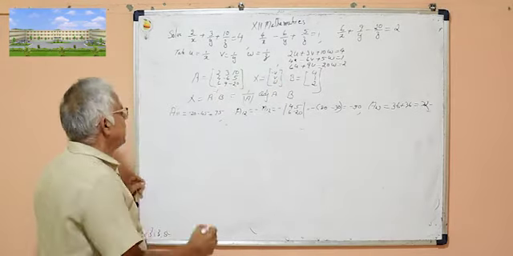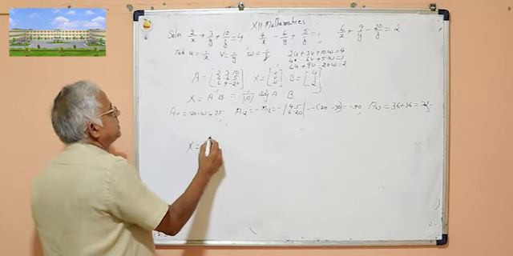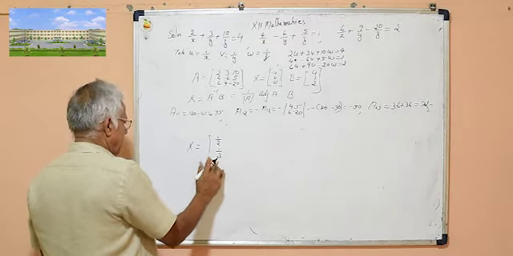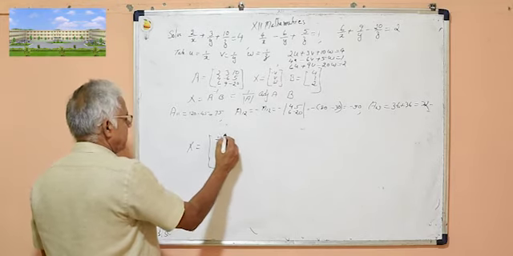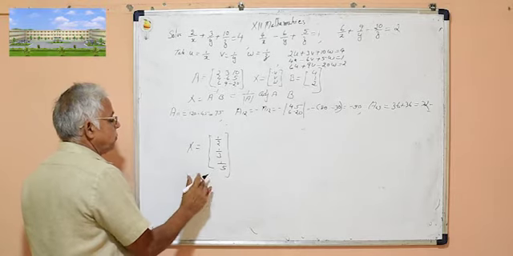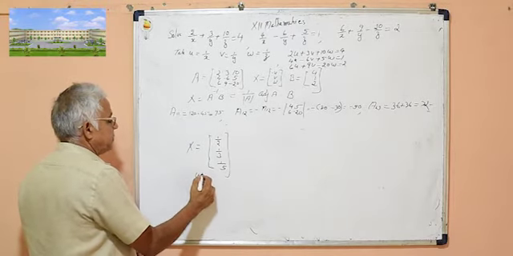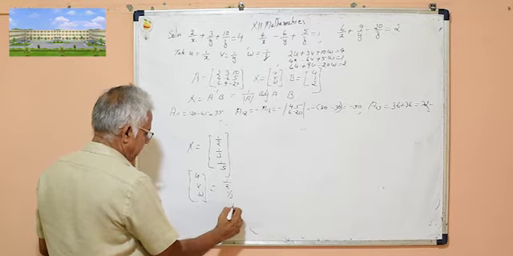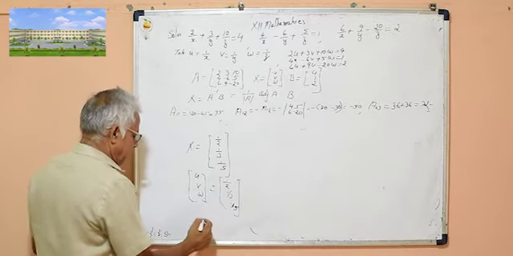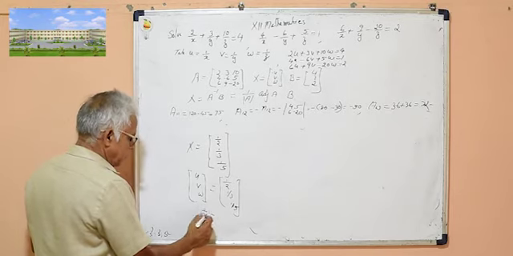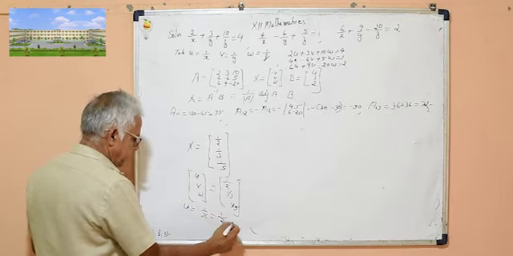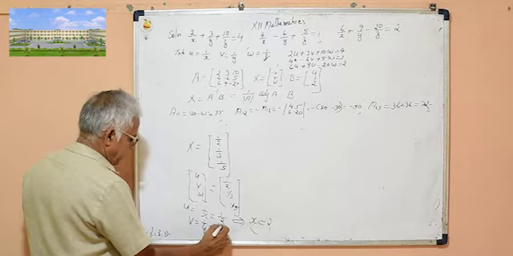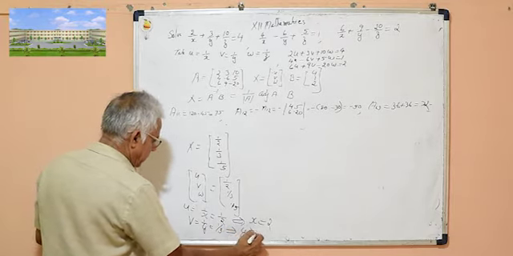Going on this way, finally we get X = (1/2, 1/3, 1/5). Therefore (u, v, w) = (1/2, 1/3, 1/5). So u = 1/x = 1/2, which implies x = 2. v = 1/y = 1/3, which implies y = 3.